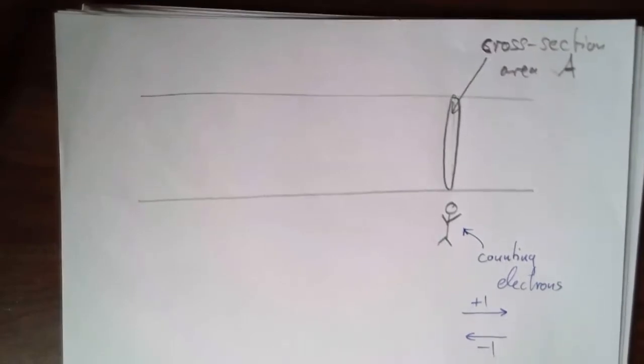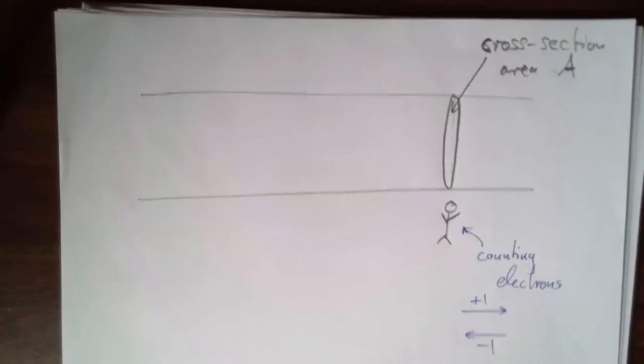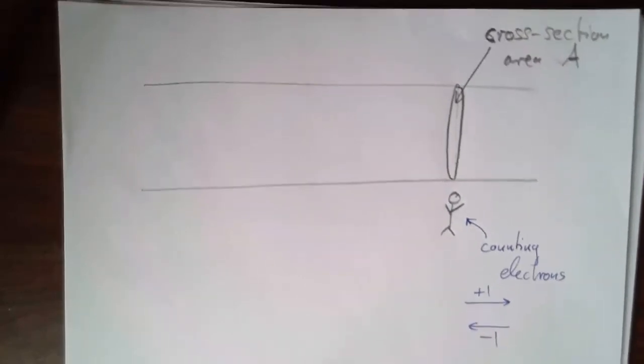Now, let's say the drift speed is 1 millimeter a second. It's actually fairly slow. While electrons go many hundreds of meters a second, or way more, the drift speed is usually in the fraction of a millimeter range. 0.1 millimeter a second would be a typical drift speed in a wire in a circuit.